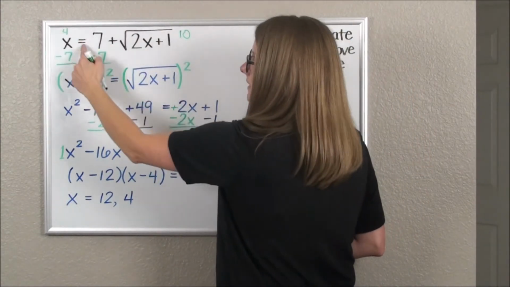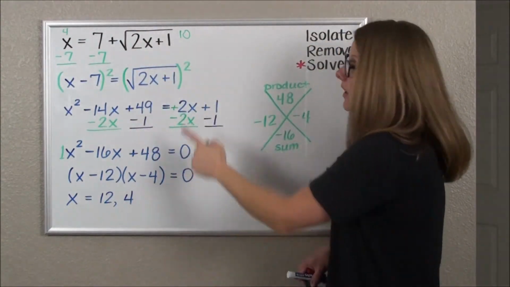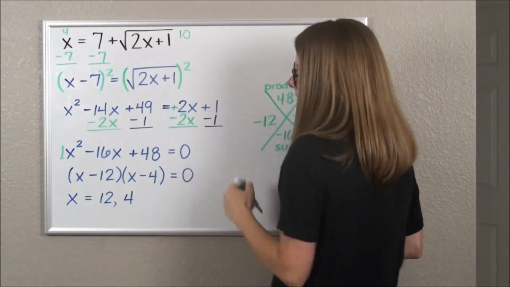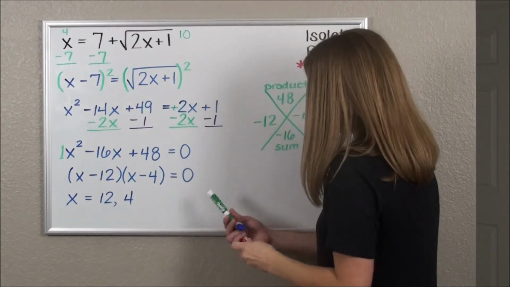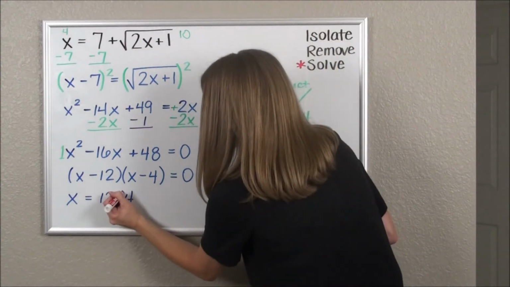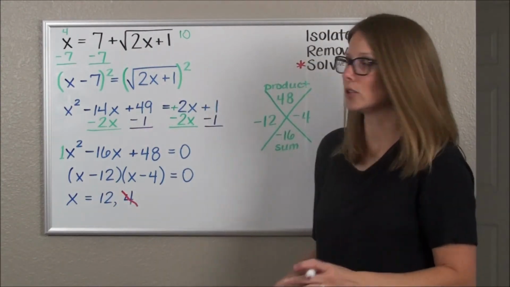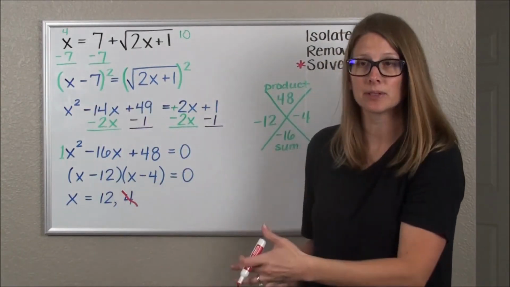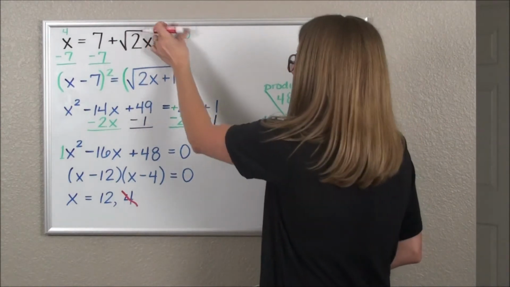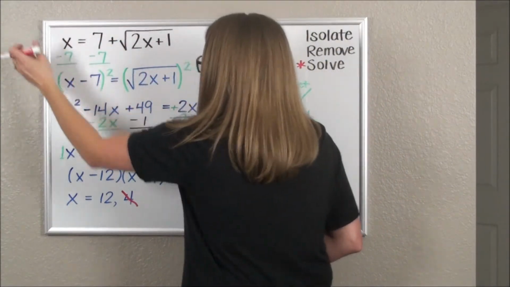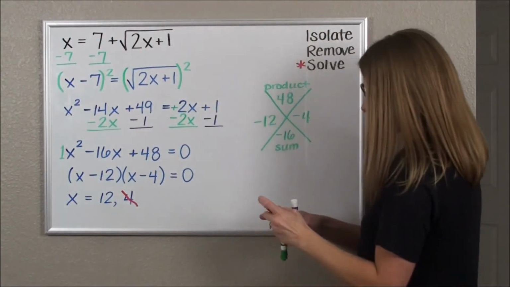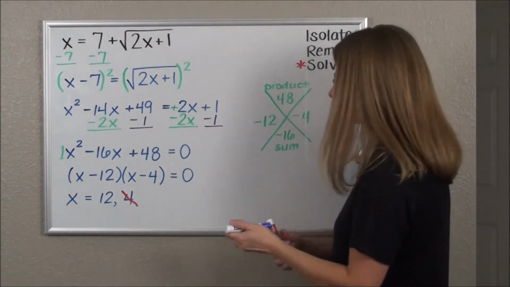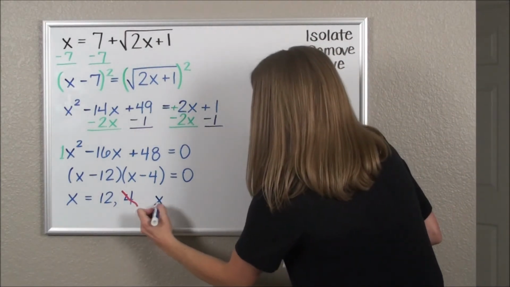But 4 does not equal 10. This is a false statement. And so 4 is what we call an extraneous solution. It's something that worked through the algebra but doesn't actually represent a true solution when I plug it in. And so here my only solution that actually works is x equals 12.